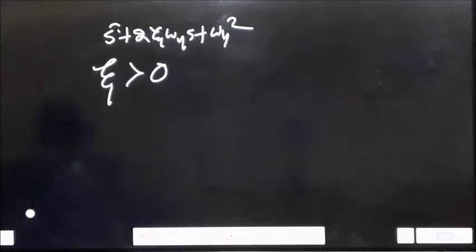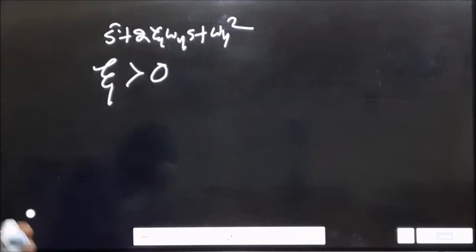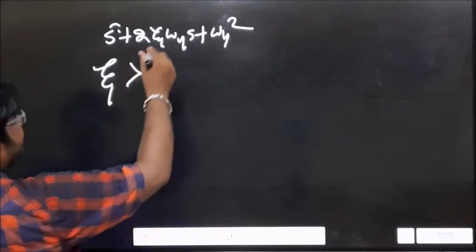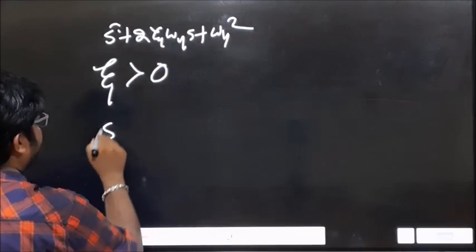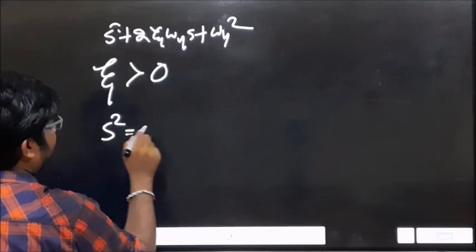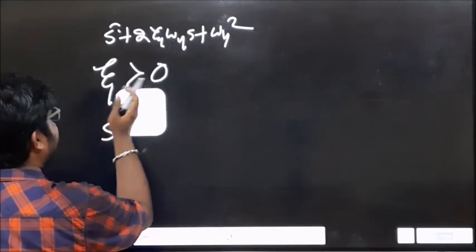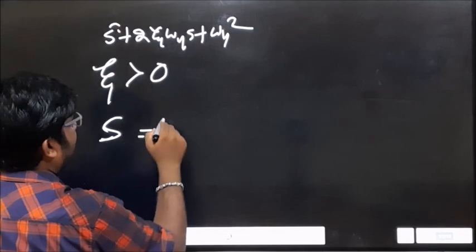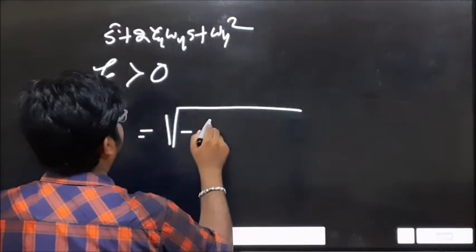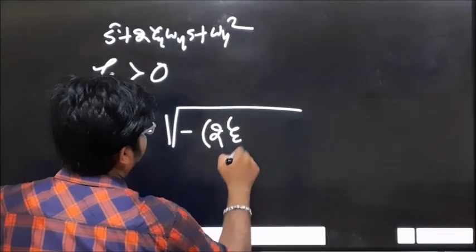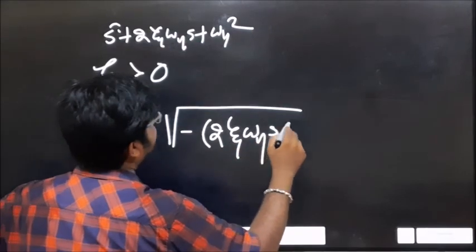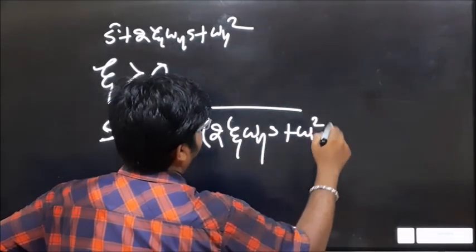So s becomes the square root of negative of 2 zeta omega n s plus omega n square.